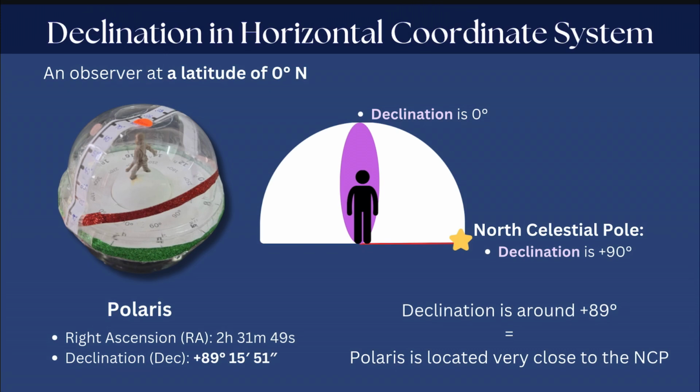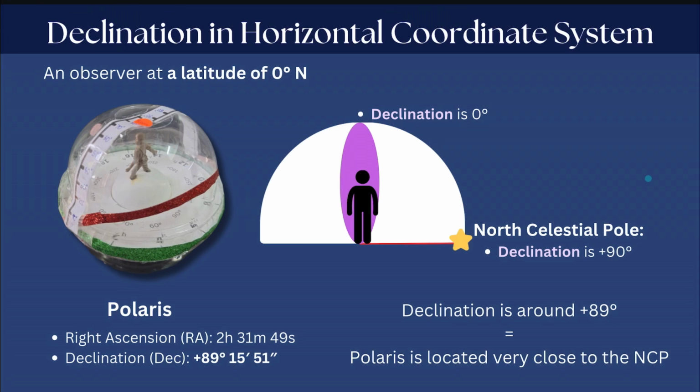I mention Polaris because the declination of Polaris is around positive 89 degrees, quite close to the NCP. That means Polaris is located really close to the NCP, and it can be used as a reference star to find other stars, because it is easy to spot in the sky.